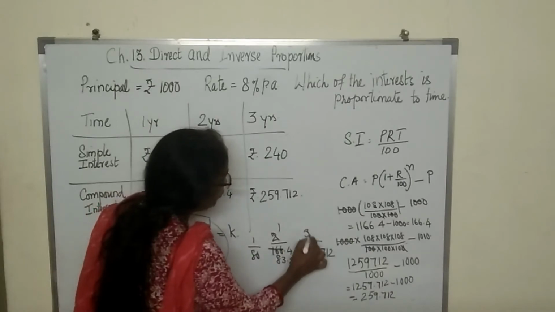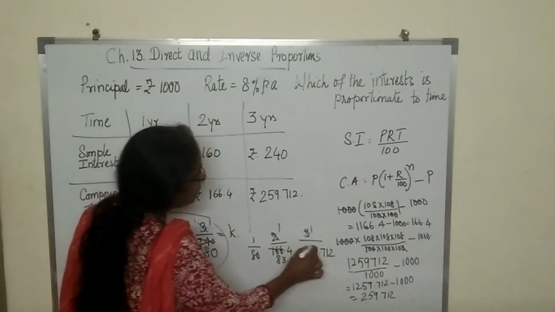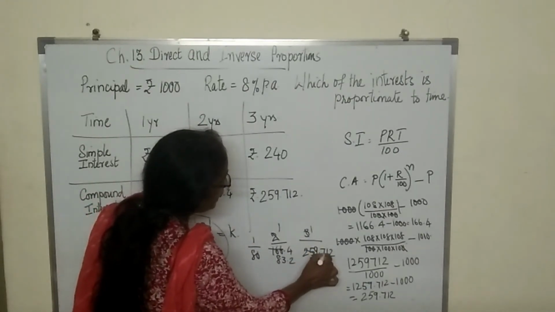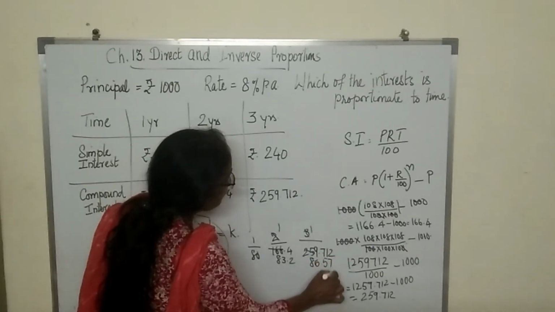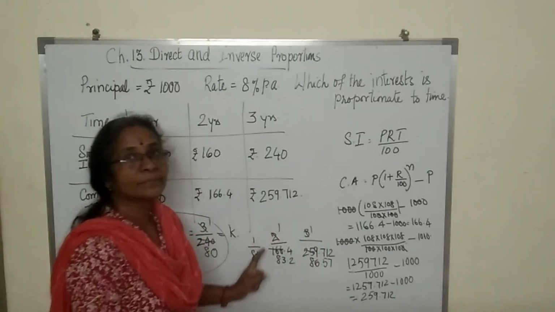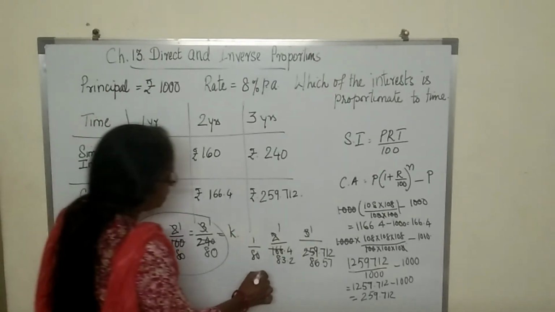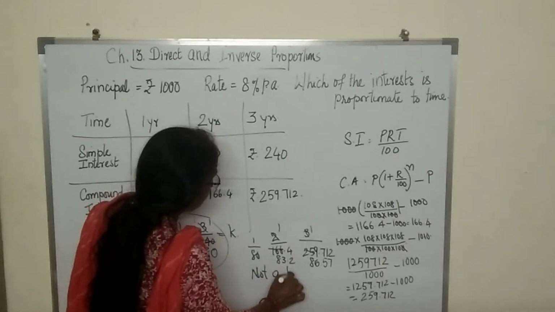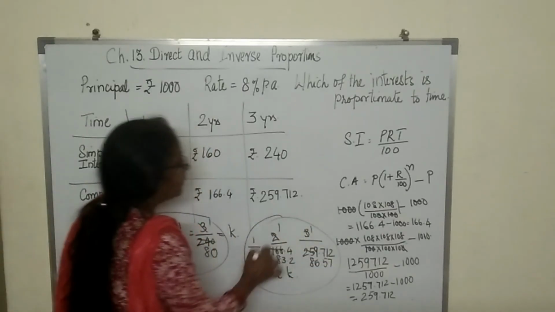Now 3 ones are 3, 3 eights are 24, 3 sixes are 18, and so on, it keeps going. Are you getting the same number here? Is it a constant? No, it is not a constant. So this one is not in proportion.